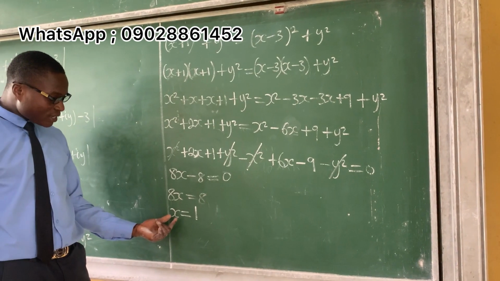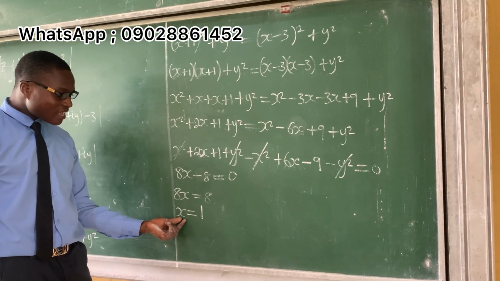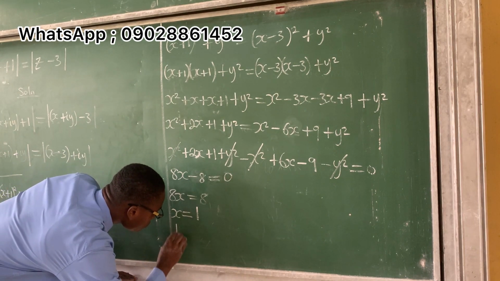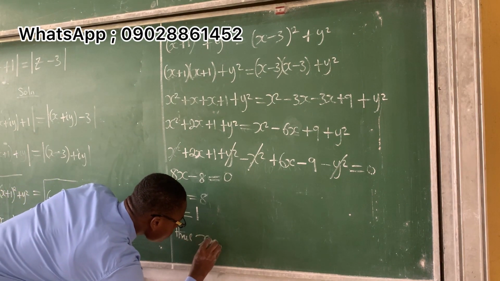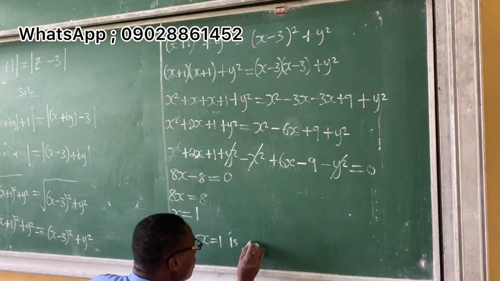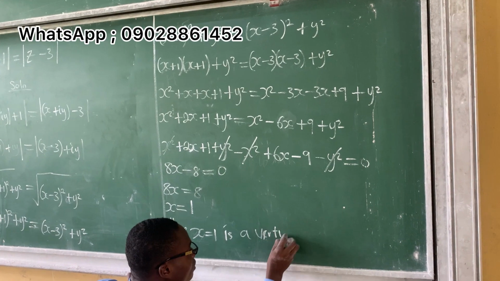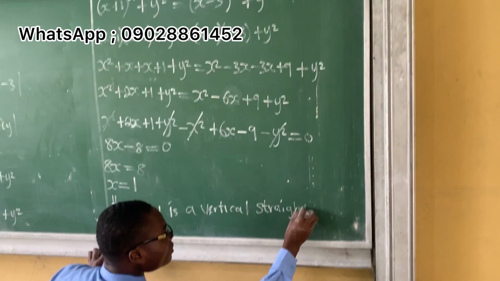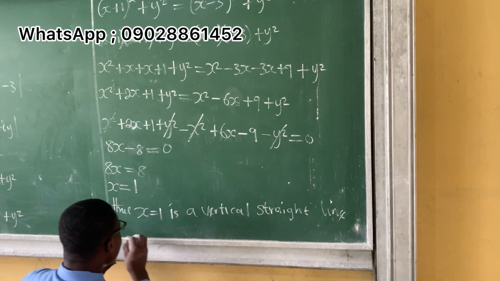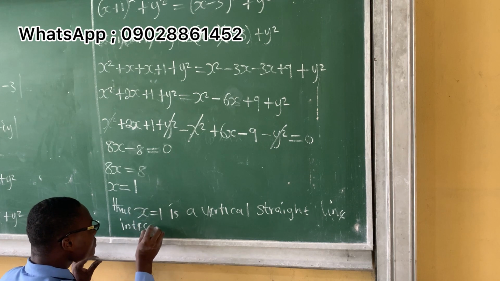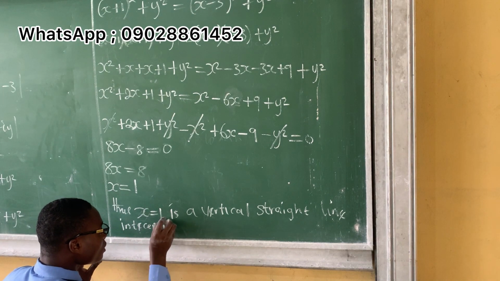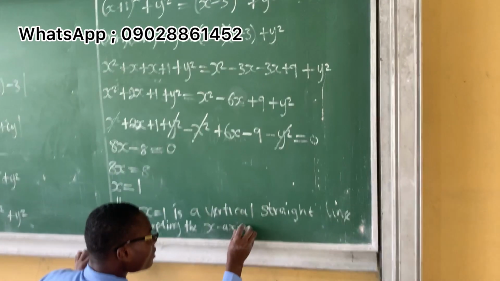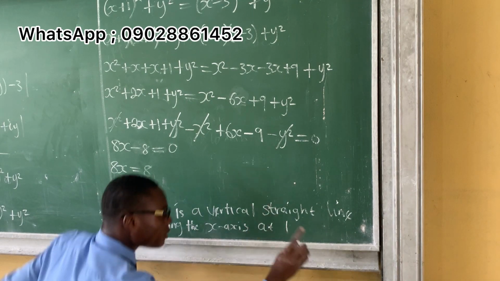So thus, x equal to 1 is a vertical straight line intercepting the x-axis at 1.